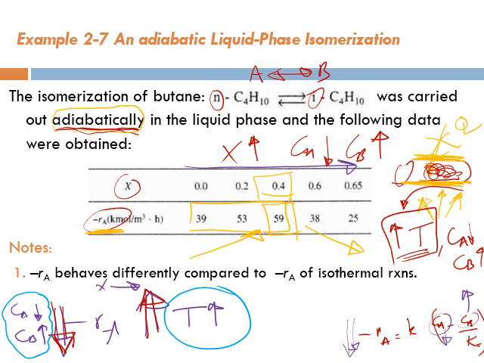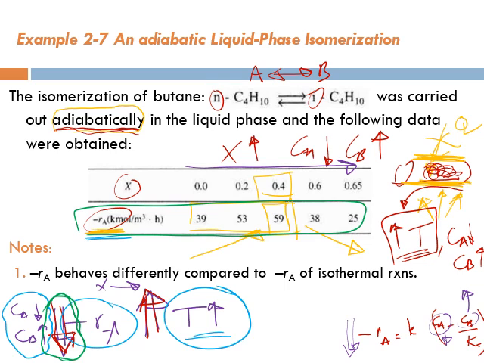So now the change in concentration has more effect on the rate of reaction than the increase in temperature. And as we know, as the concentration changes, the rate of reaction will decrease. So now we have this explanation explaining the behavior of the rate of reaction.